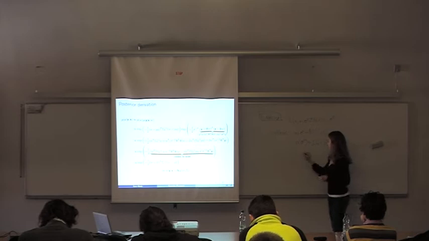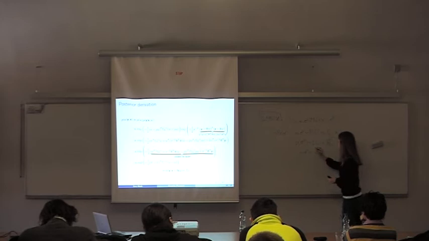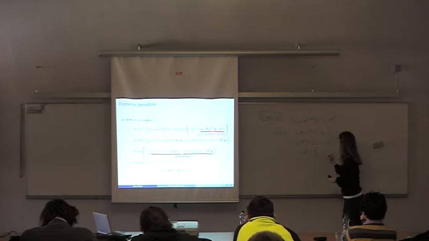So that means that the density of sigma squared is proportional to beta to the a, just the normal gamma with the inverse here.